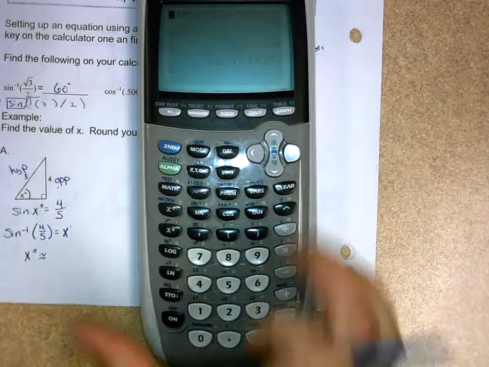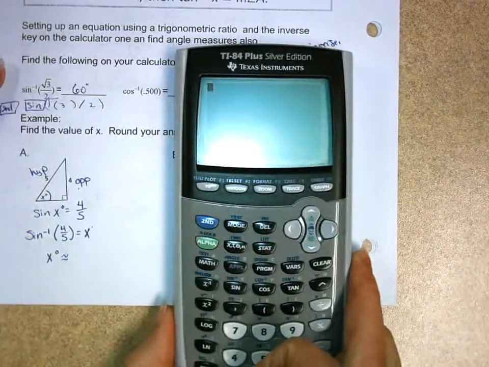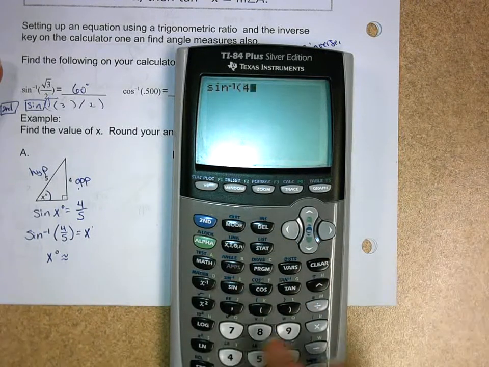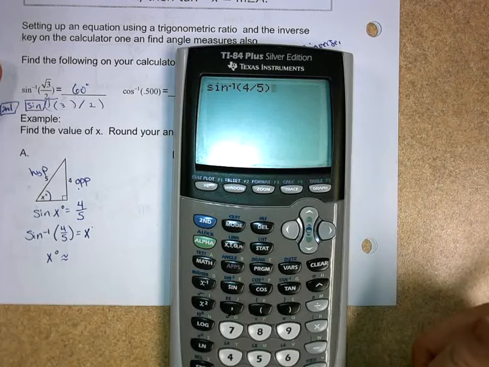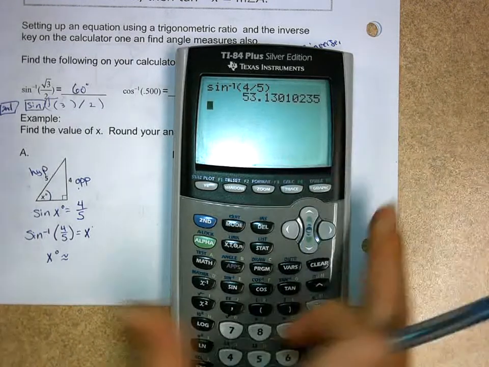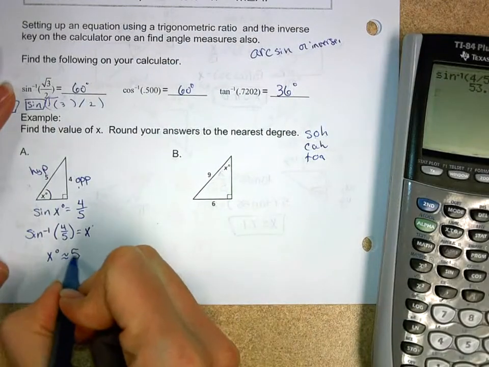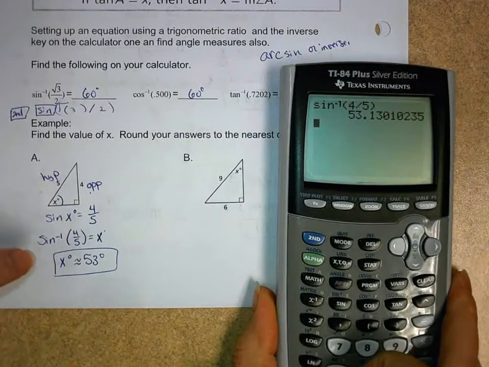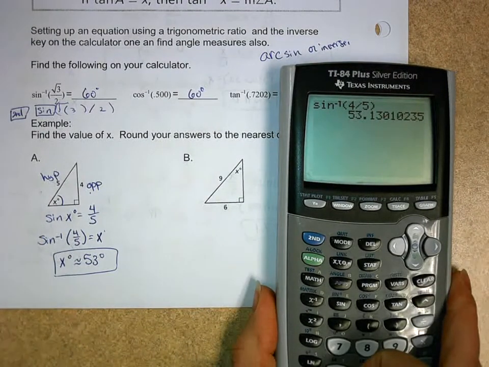So we clear that so you can see what we're doing here. We're going to go second sine 4 divided by 5. I'm going to let the calculator do the work, and I get this to be 53 degrees. But I need to see that second step. It is critical. I need to see 1, 2, 3 points each.